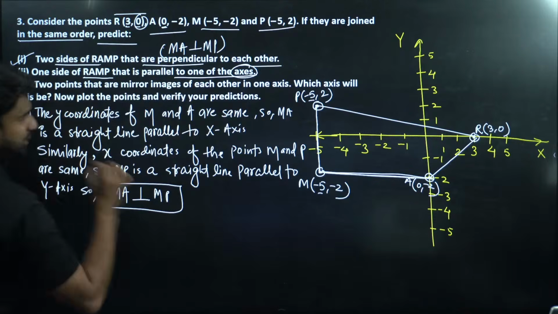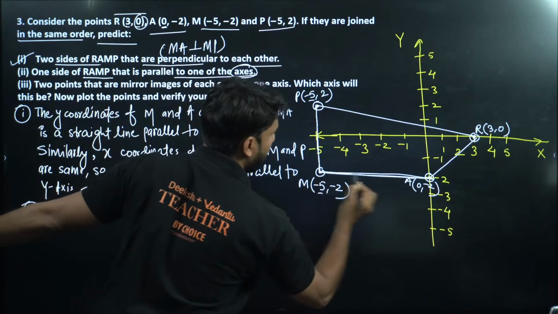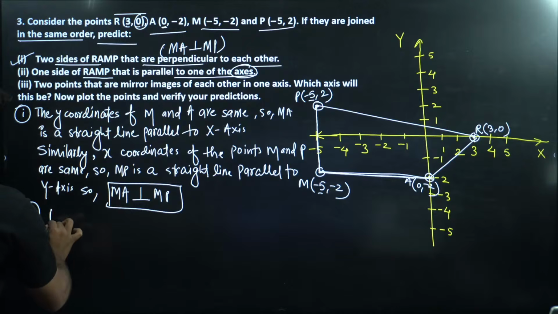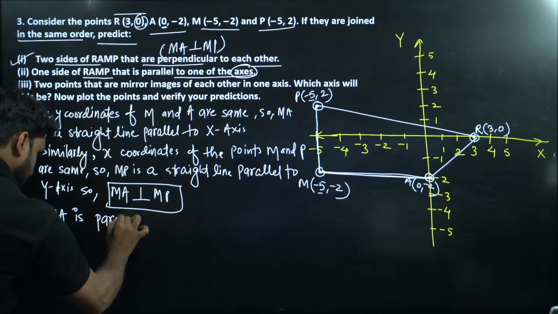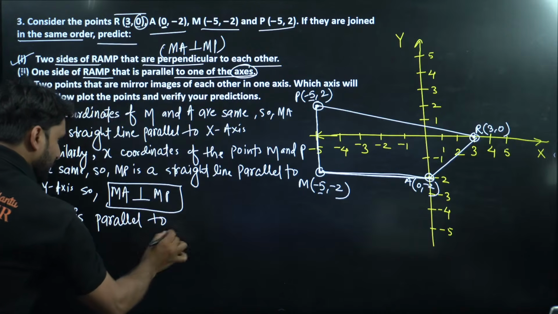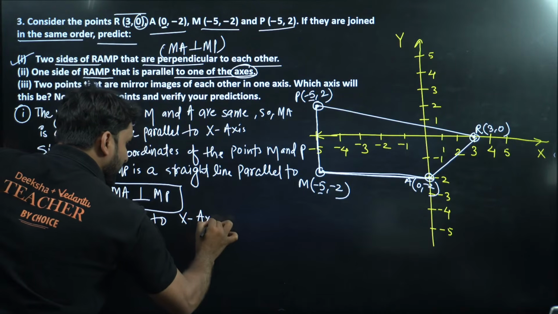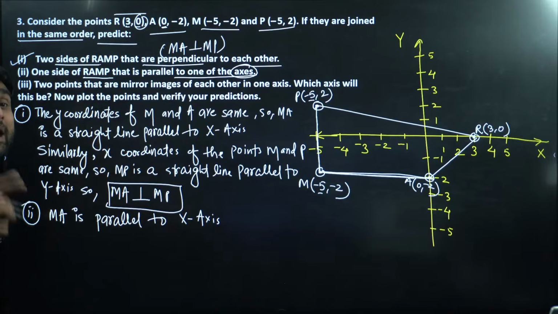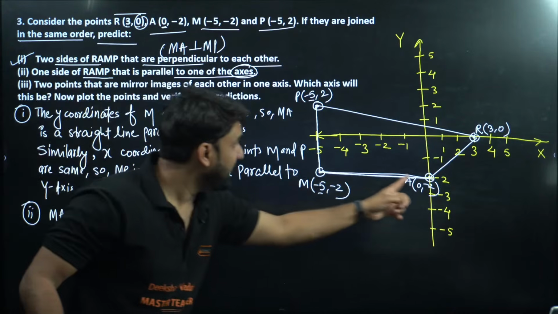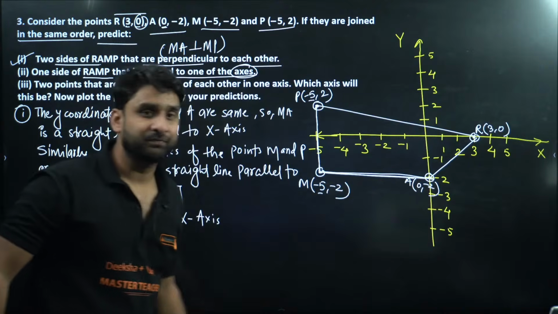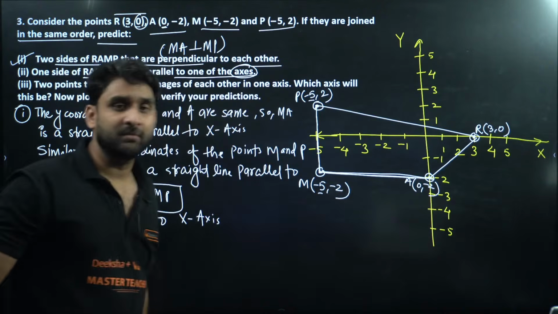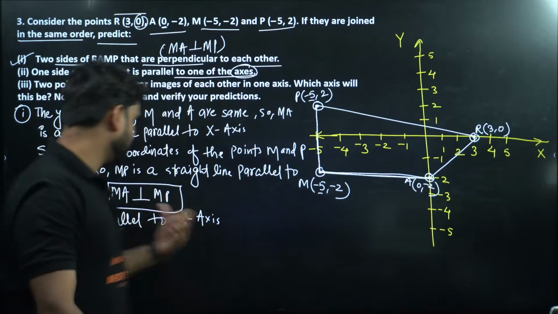So listen, this line MA is parallel to the x-axis. Why is MA parallel to the x-axis? Because in M and A, the y coordinate is the same, and if the y coordinate is the same, that will be parallel to the x-axis.